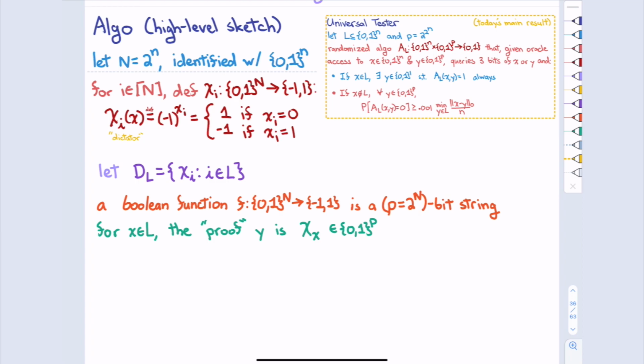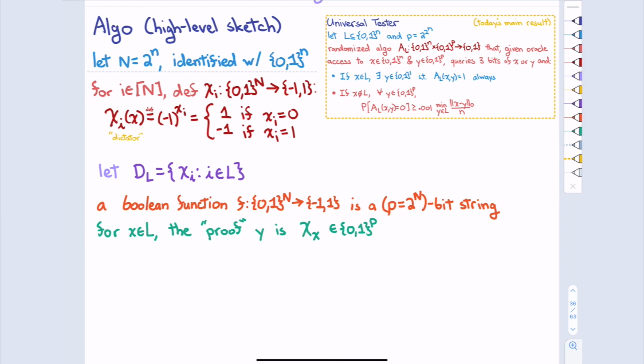So if you just think of the truth table, where for every possible input you write down the output, that'll give you a 2 to the capital N bit string, and that's P. So in our proof system, for each x that's in the language, our quote-unquote proof is going to be the dictator function of x as a P-bit string. It's a little confusing because we've changed scales a couple of times. This is one reason why it's blowing up so much.